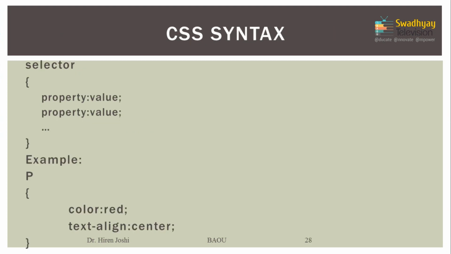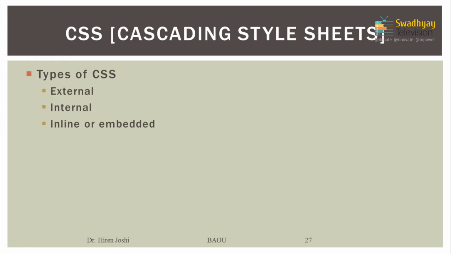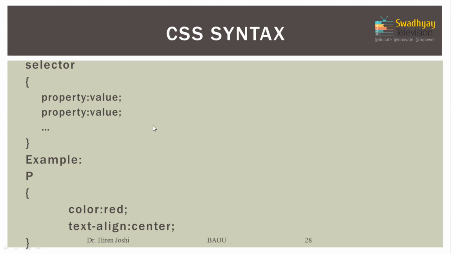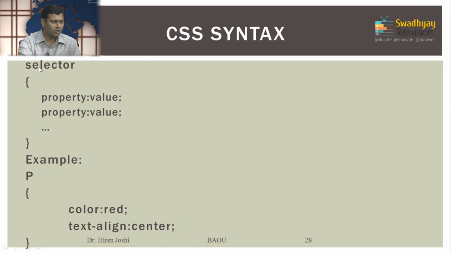An external style sheet is one you can create externally. I will show you the syntax. To create any style sheet, you first write the selector, curly braces, then the property, colon, value, and then you write a semicolon to make sure that this is the end of that property.